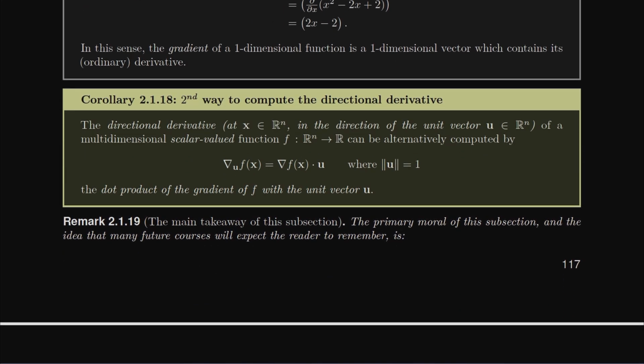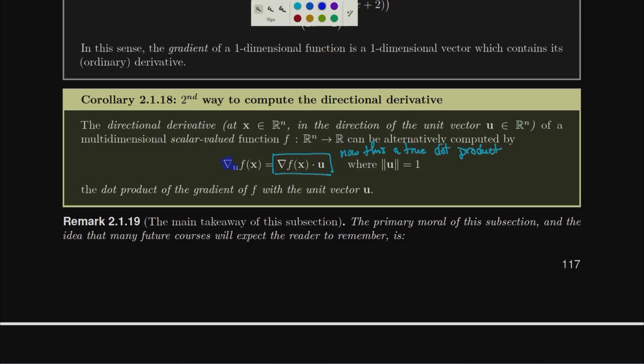So after we have the gradient, we can actually compute the directional derivative in a second manner, right? And this is really showing us why we use that notation nabla sub u, because remember how I said when we were computing these, it behaves a lot like a dot product. Now this is a true dot product. If you would rather interpret the directional derivative as the gradient, which is now a vector, not a matrix, right?